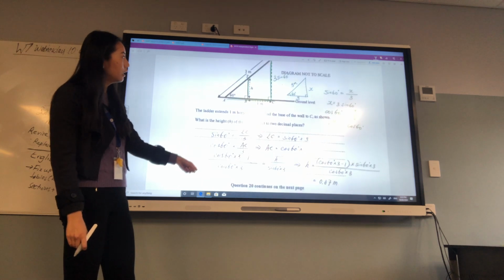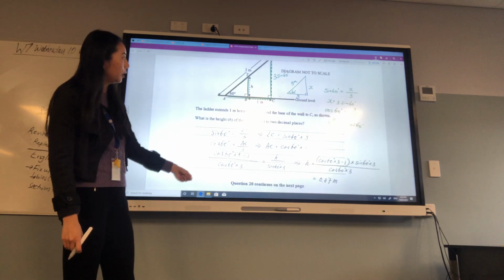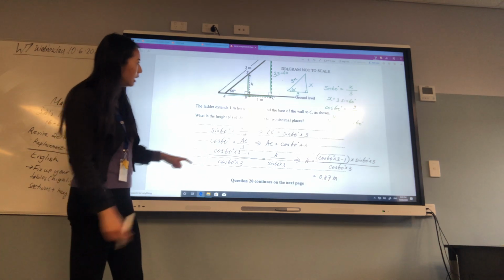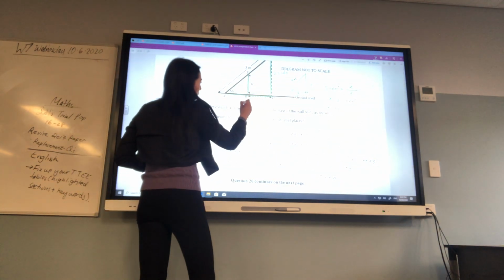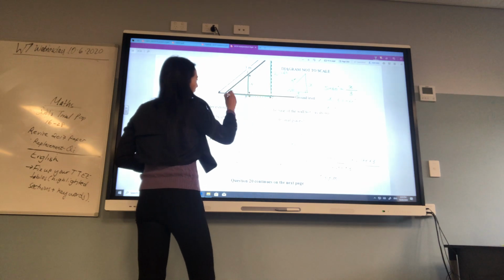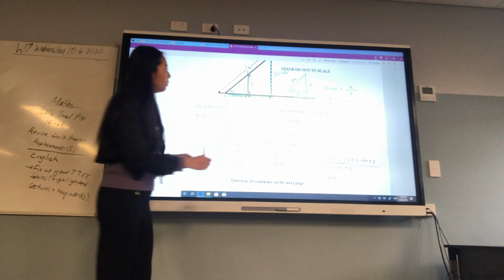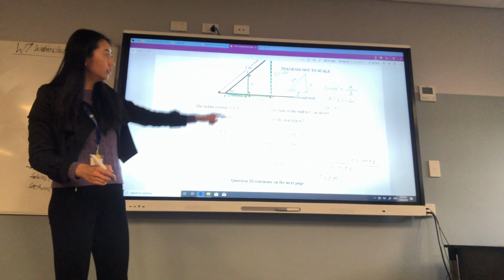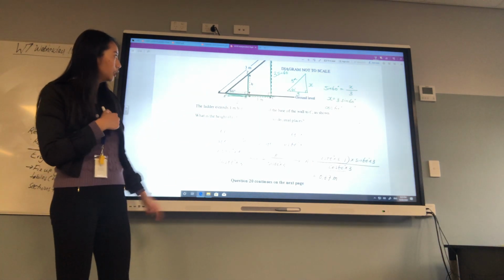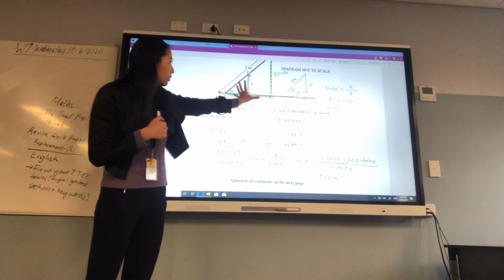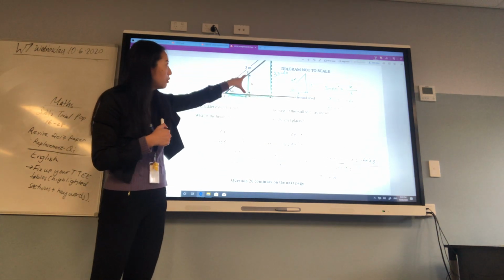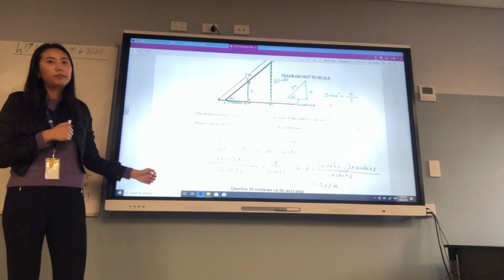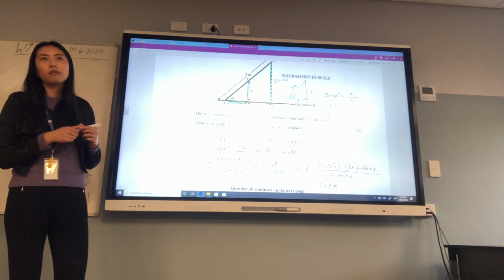This ratio should be equal to h to AB. The whole thing is 3 cos 60 degrees. So AB, this part, is going to be the whole thing minus 1 meter. So this 3 cos 60 degrees should be equal to h to 3 sine 60 degrees. Or you can just use decimal numbers if it's less confusing.